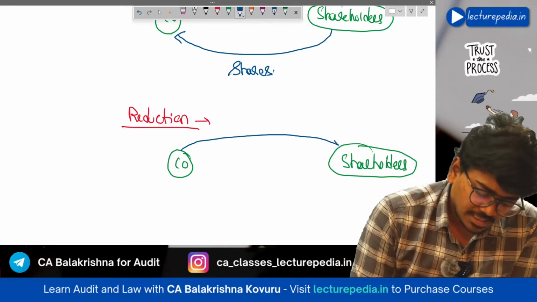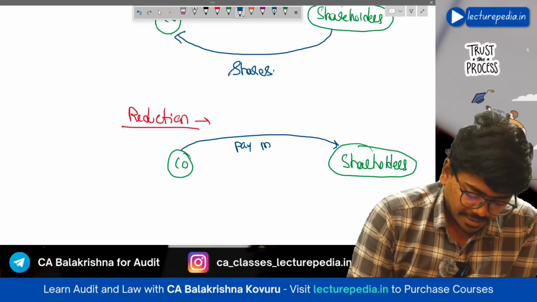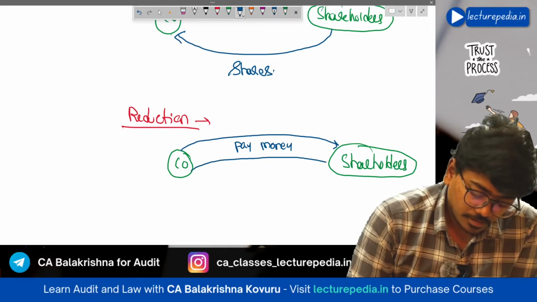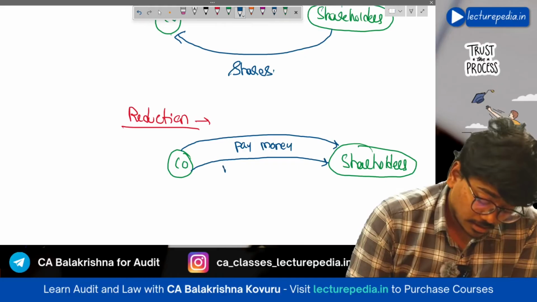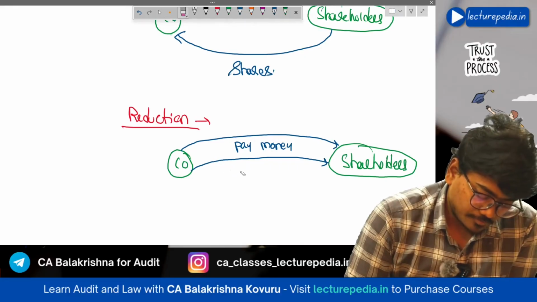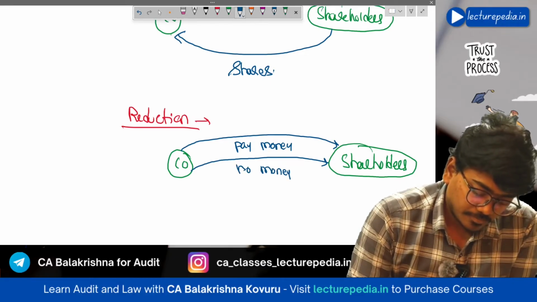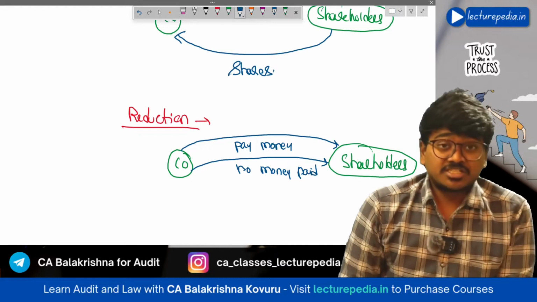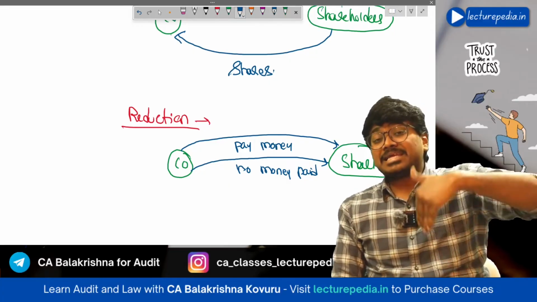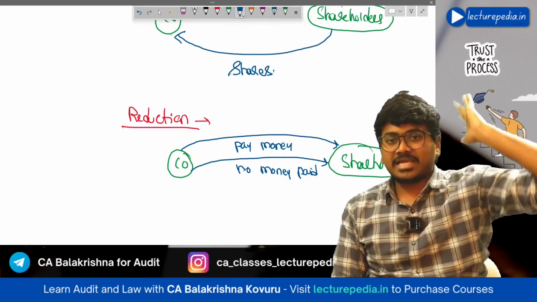First of all, if the company wants, the company can pay money, or if the company wants, the company will not pay money also. Okay, no money paid to the shareholders. In case of reduction, the company can cancel the shares of the shareholders without paying any money.